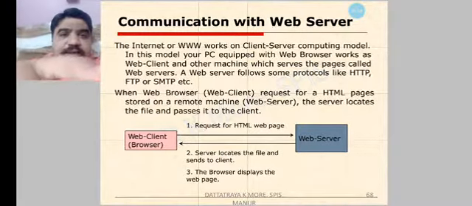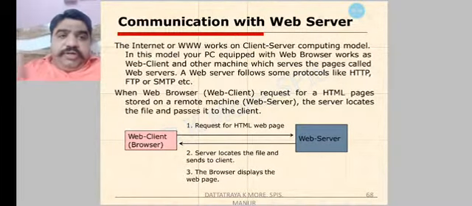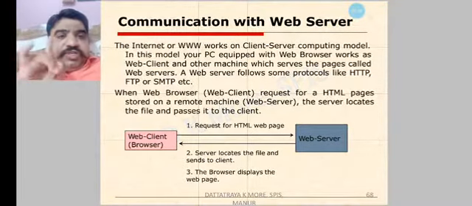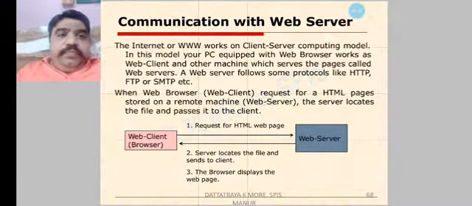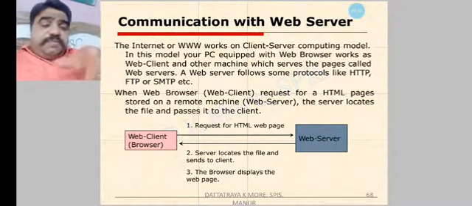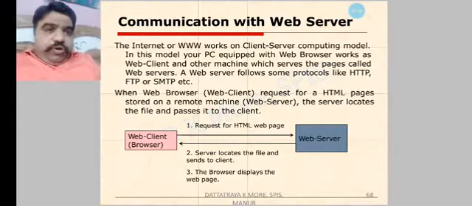You can see a diagram. The web client browser requests a web page from the web server. Then the web server locates the file and sends it to the client. The browser displays the web page. So this way the communication between web server and web client goes on.